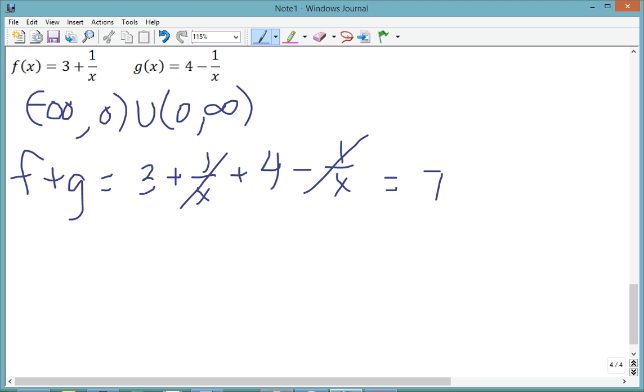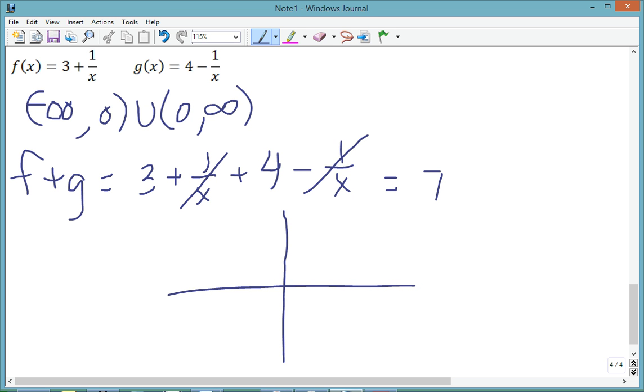So what's the domain of that? Well, we would think that it was anything. But remember that domain has to come from the original function. So domain comes from before we simplify. So the domain is still negative infinity to 0 and 0 to infinity.